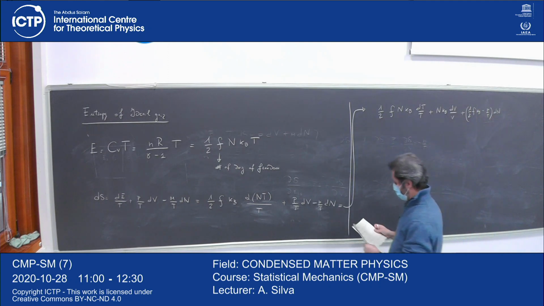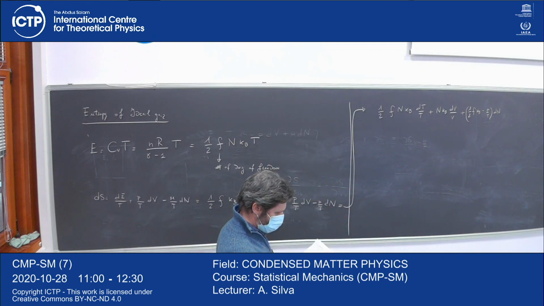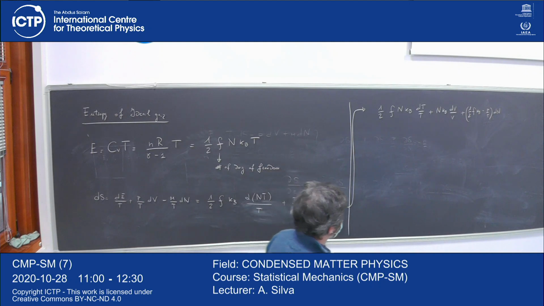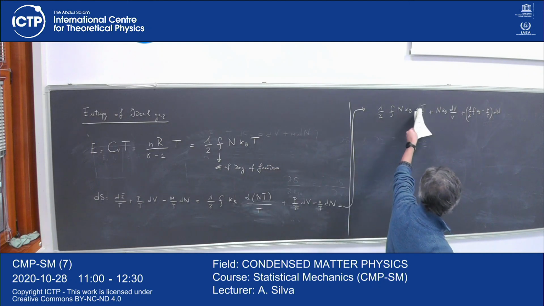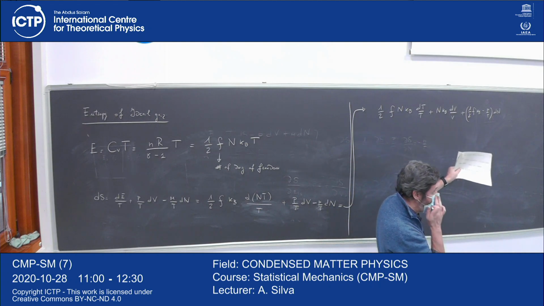Okay? Now, you see that I have dT over T, dV over V, and dN there, right?